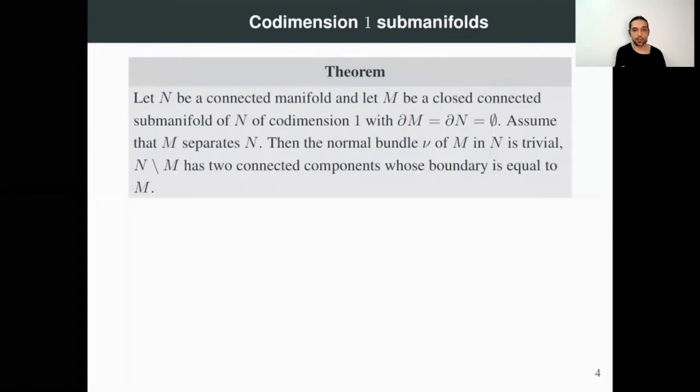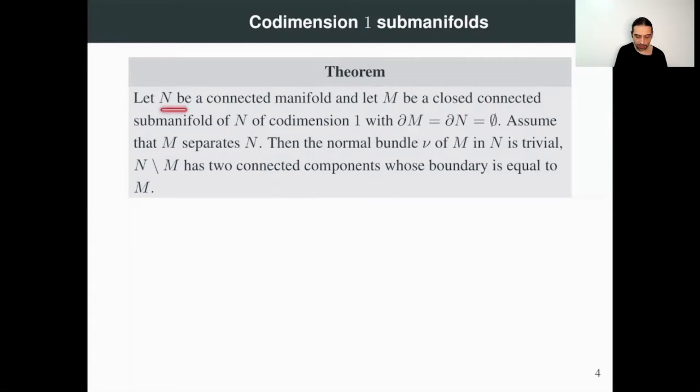Let us consider a consequence of the previous result. Let N be a connected manifold, and let M be a closed connected submanifold of N of codimension 1. Let us assume that both manifolds have no boundary. Assume that M separates N. By definition, this condition means that N minus M is not connected.